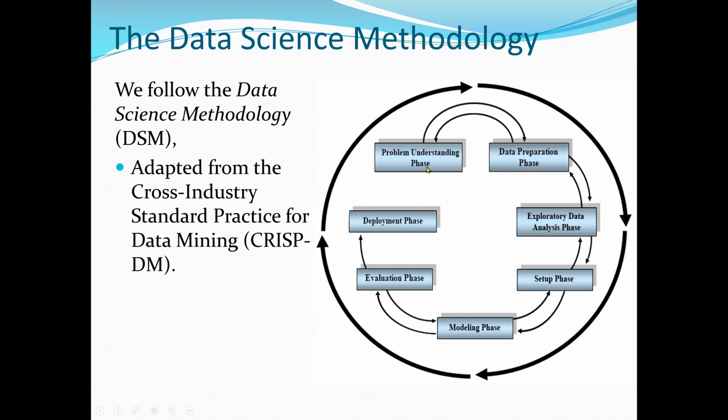If we have any task in data science, the goal of a data scientist is to solve a problem using the company's or an organization's data and also applying some data science algorithms such as machine learning. So the first phase is to understand the problem that we are trying to solve.